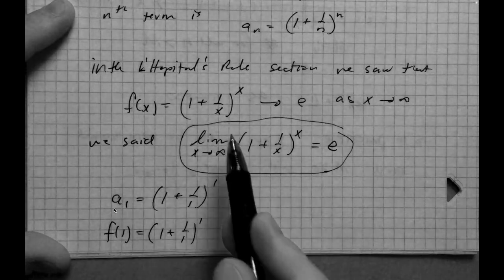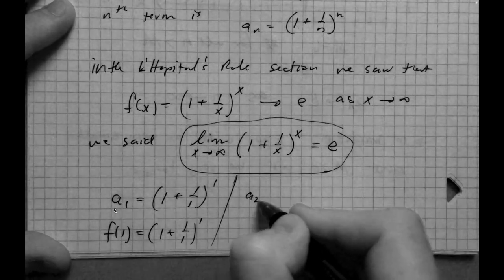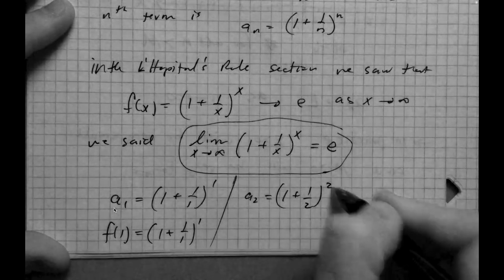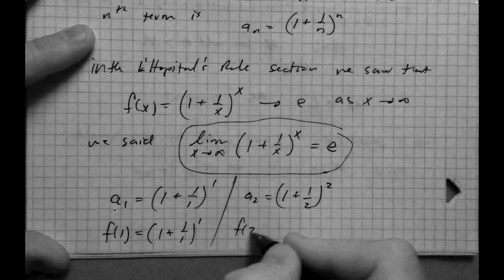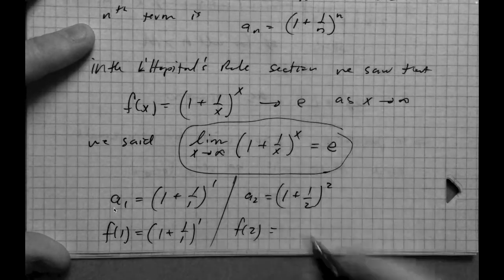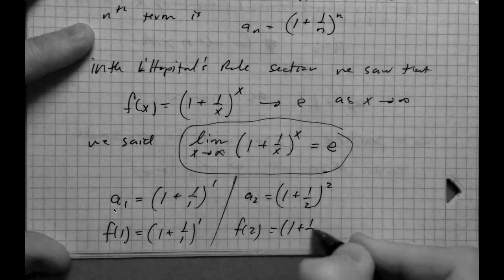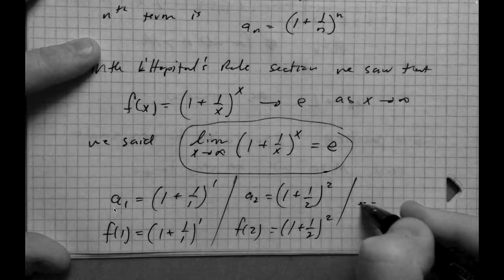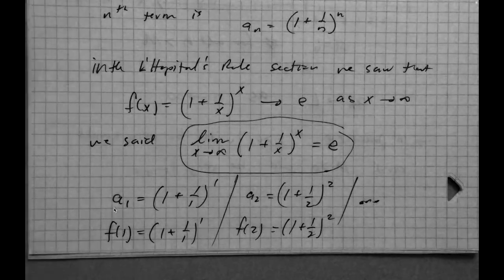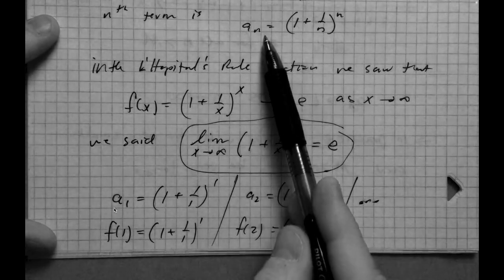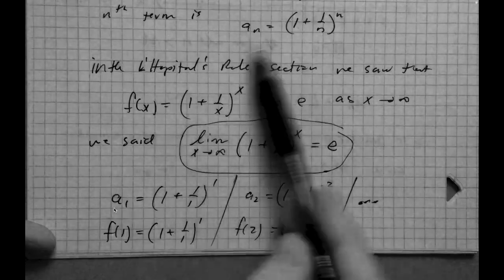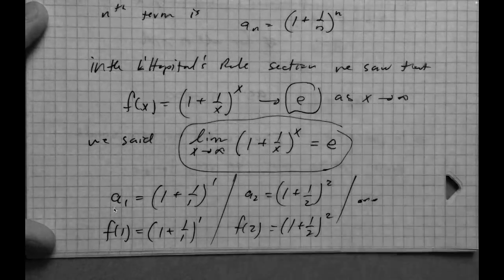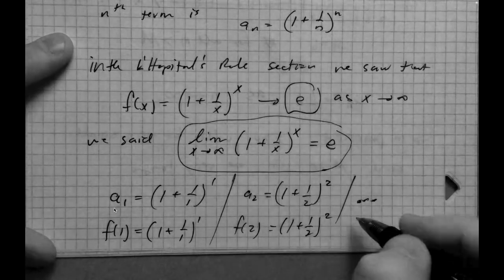Just plugging in. a of 2 is going to be 1 plus 1 over 2 to the second power, and then of course f of 2 will be the same, 1 plus 1/2 squared. And so on, this continues on. So basically, this sequence agrees with this function at all of the positive integers and natural numbers. So that means that this limit is also going to be the limit of the sequence.